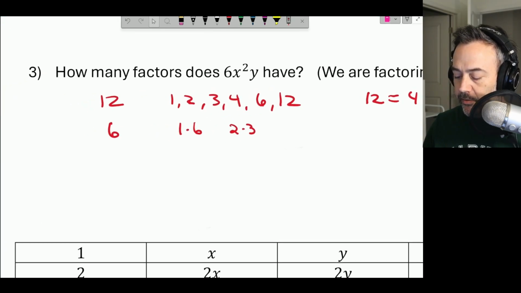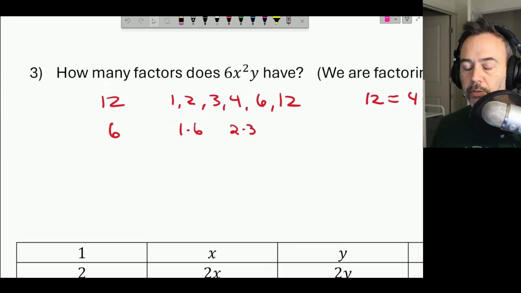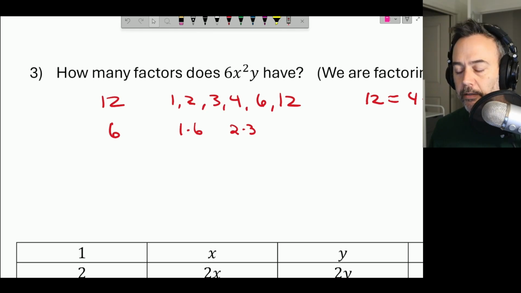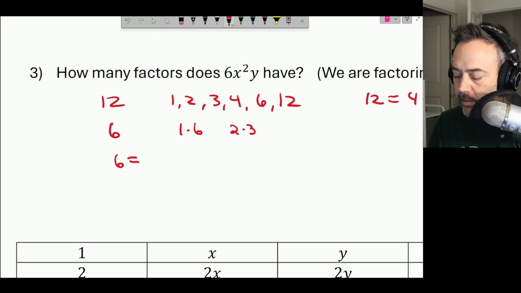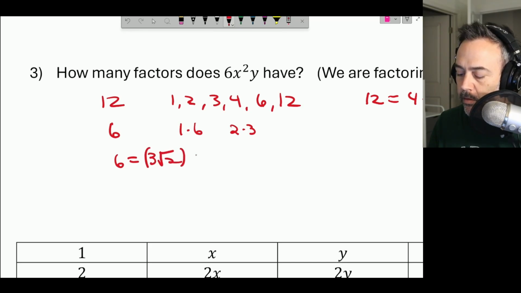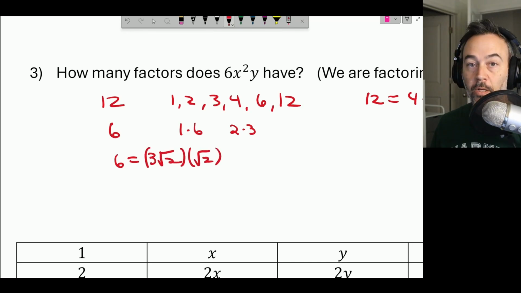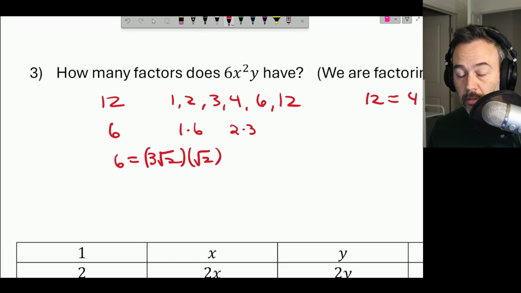But if I was factoring over the real numbers, there's actually infinitely many ways to factor 6. So I could factor 6 as, for example, 3 root 2 times root 2. Multiply that together, it's 6, but it's using irrational numbers.